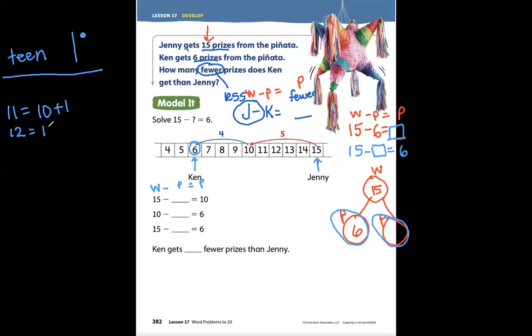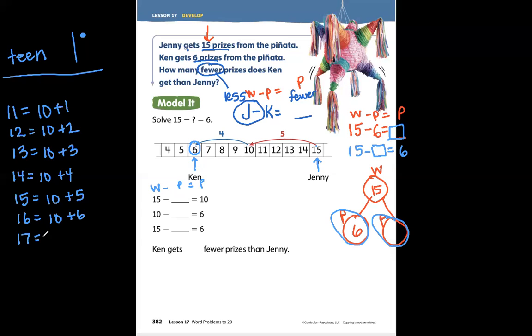12 equals 10 plus 2. 13 equals 10 plus 3. 14 equals 10 plus 4. 15 equals 10 plus 5. 16 equals 10 plus 6. 17 equals 10 plus 7. 18 equals 10 plus 8. 19 equals 10 plus 9.